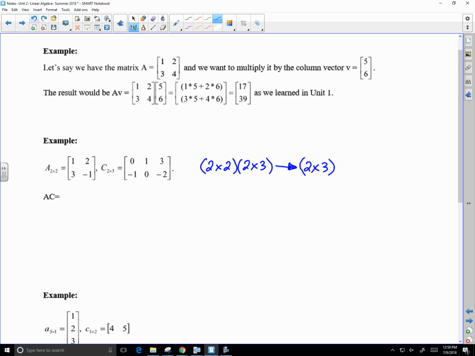Should, as in, if we do it right, it'll give us a 2 by 3. All right, so a 2 by 3 matrix. Some of you may know this shortcut.